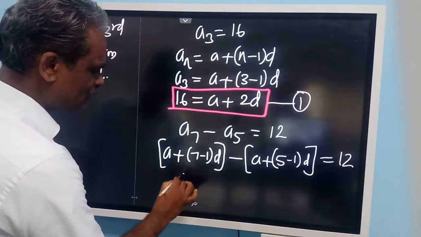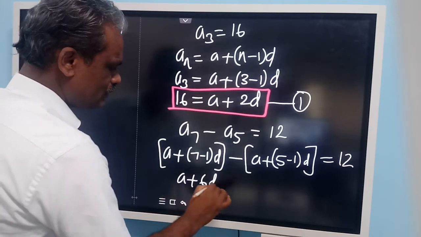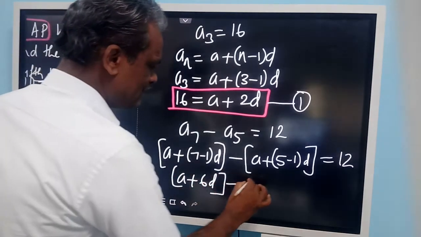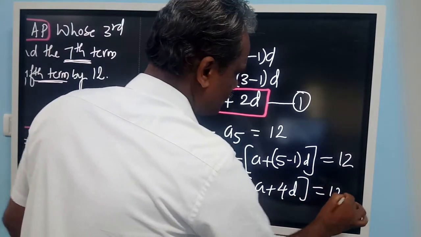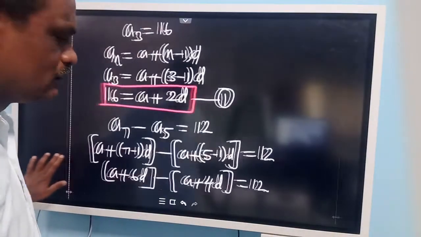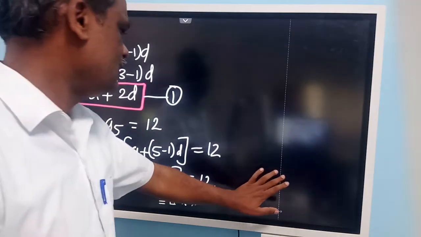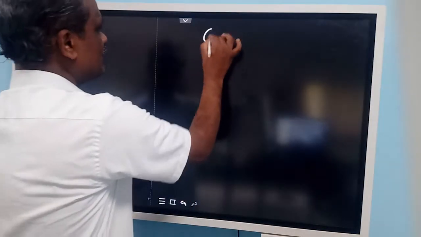You can simplify this: a plus 6d, minus (a plus 4d), is equal to 12. Now simplify this equation. a plus 6d you can write as it is.